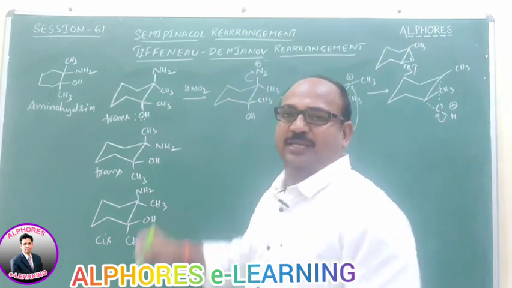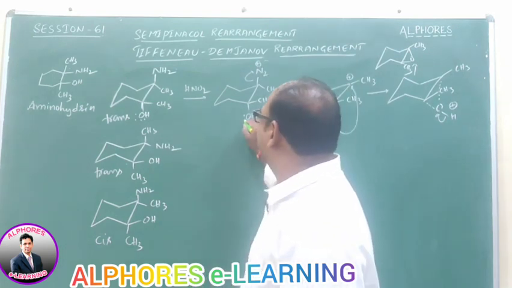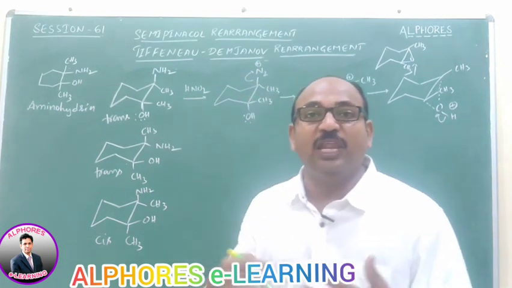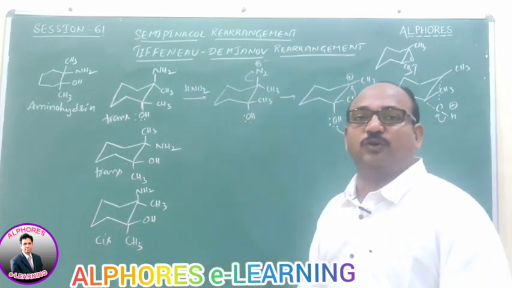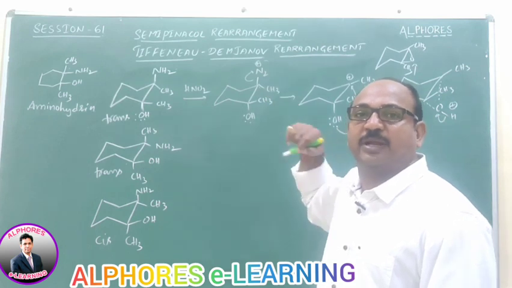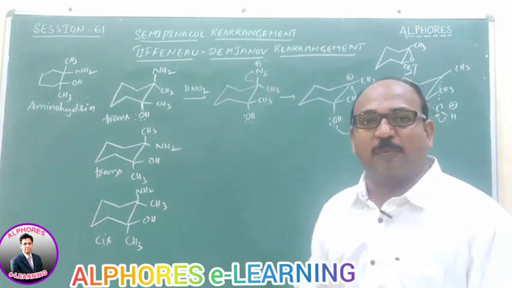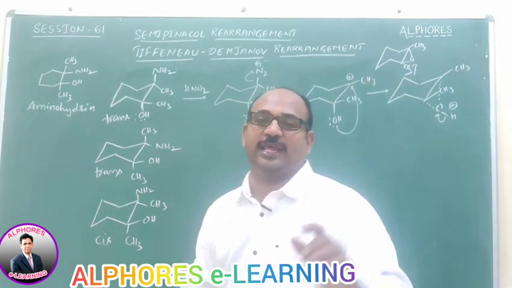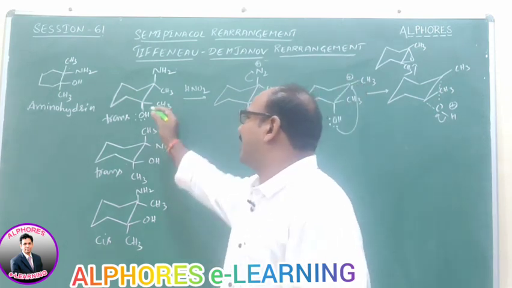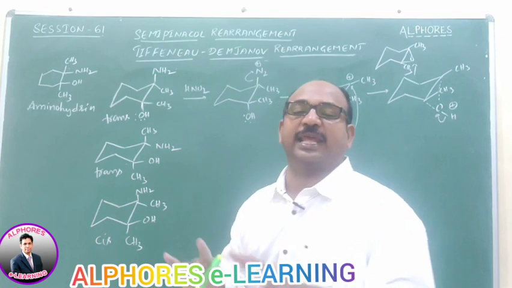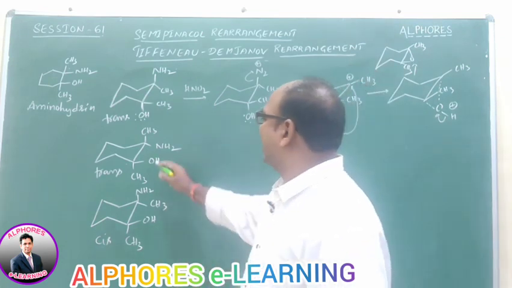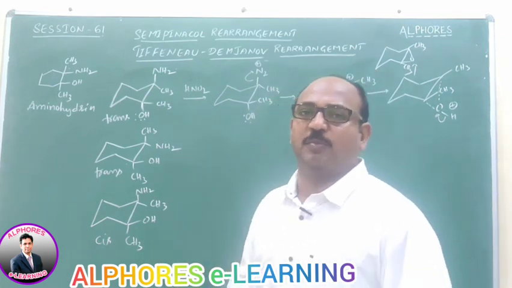The oxygen makes the N2 plus leave much faster by donating its electron pair to the N2 plus-containing carbon. As a result, we get an epoxide. There is no more rearrangement. So one of the trans compounds does not give any rearrangement product. Let us see what happened in the other trans compound.